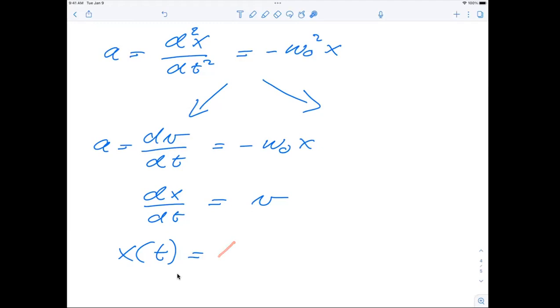This differential equation has an analytical solution, which is going to go like A cosine of omega times time, plus another constant. So B and A are constants, and we have B sine of omega t. So what you did in the first homework with cosines and sines is something which we're going to meet again in just a few moments here.